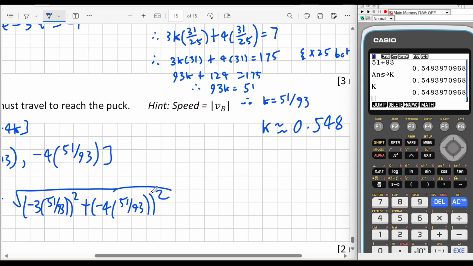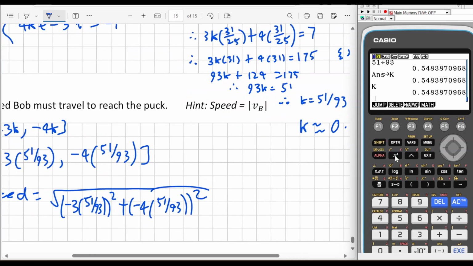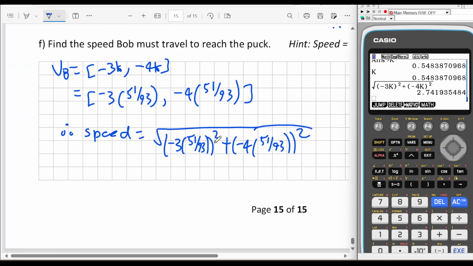So that'll make this a little bit easier to calculate, because all I need to do is minus 3K squared plus minus 4K squared. Saves me typing it out a whole bunch. There we go, 85 over 31, or 2.74. 2.74 meters per second. Done.